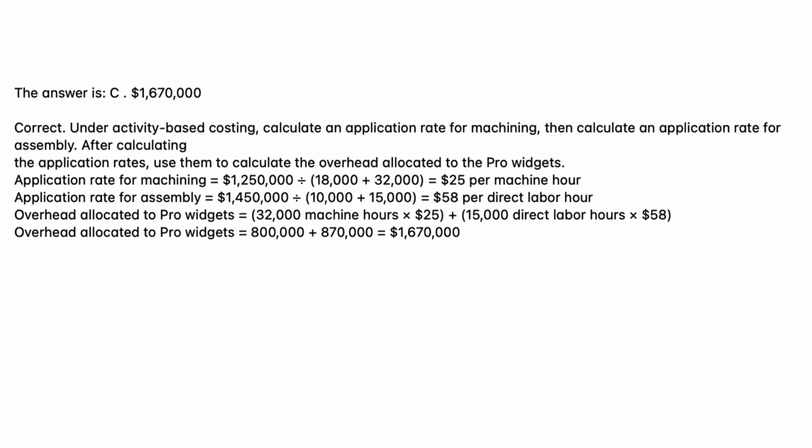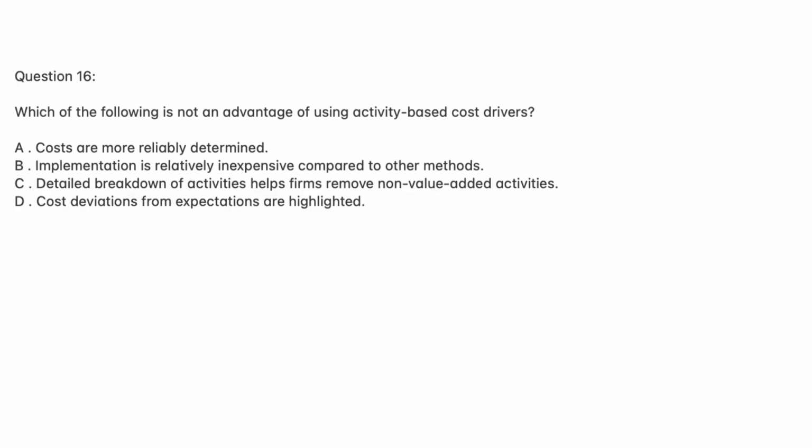Application rate for assembly equals $1,450,000 divided by 10,000 plus 15,000 equals $58 per direct labor hour. Overhead allocated to Pro widgets equals 32,000 machine hours times $25 plus 15,000 direct labor hours times $58. Overhead allocated to Pro widgets equals 800,000 plus 870,000 equals $1,670,000.